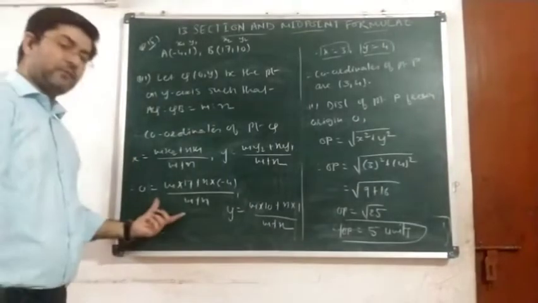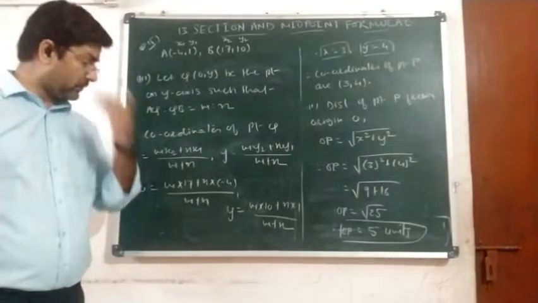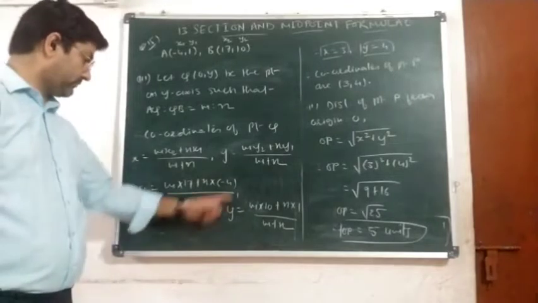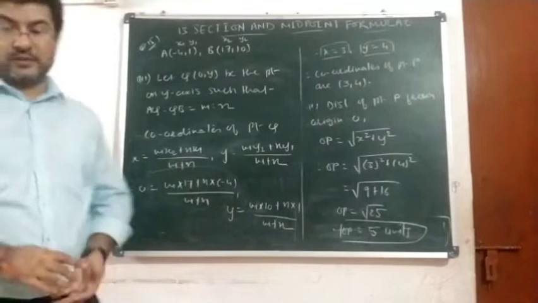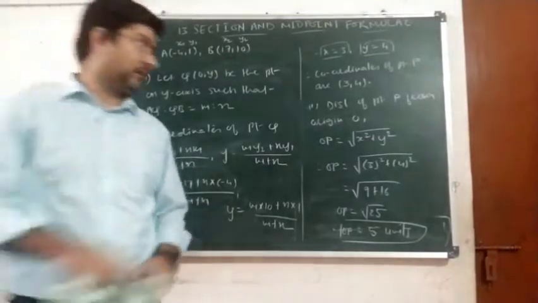Since we want to find the ratio only, we don't have to find the coordinates of Q. Clear? So we will simplify this equation further to get the ratio m is to n.